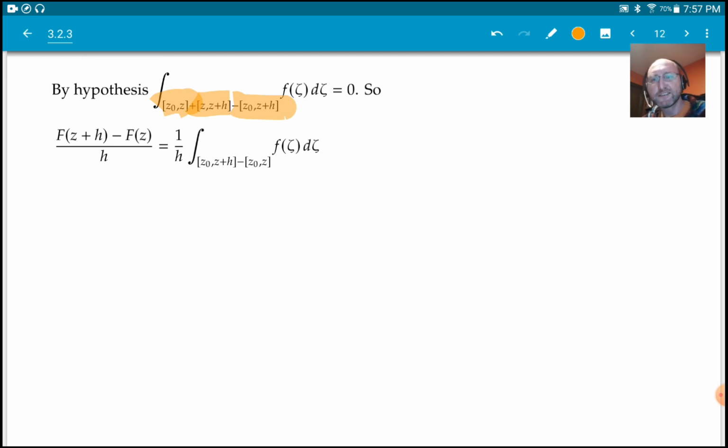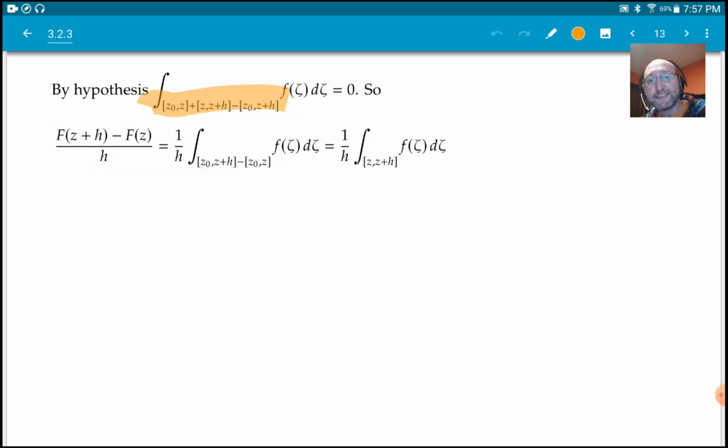That's how chain integrals work. And I'm dividing by h. So really, I'm just writing the difference quotient in a slightly funny way.